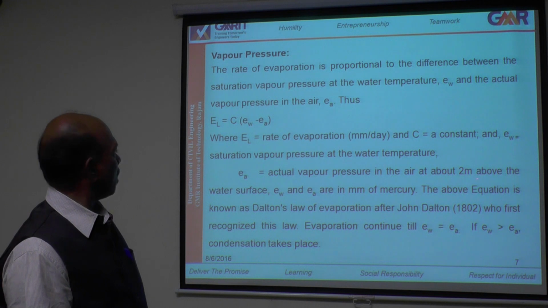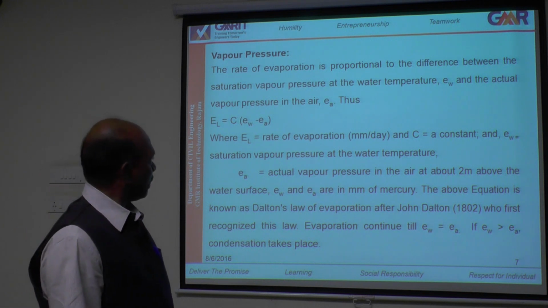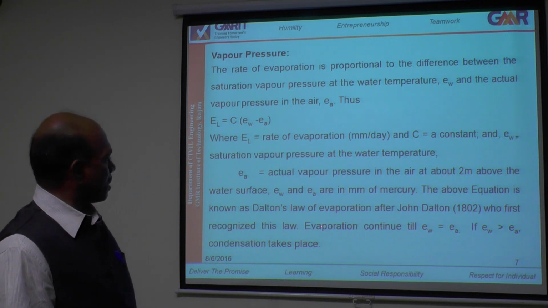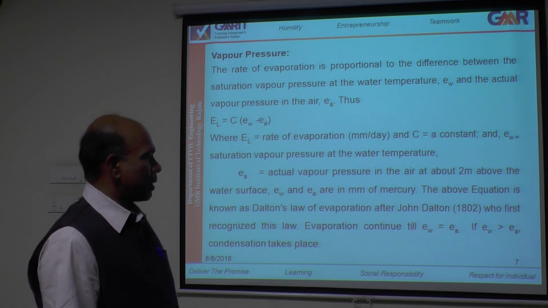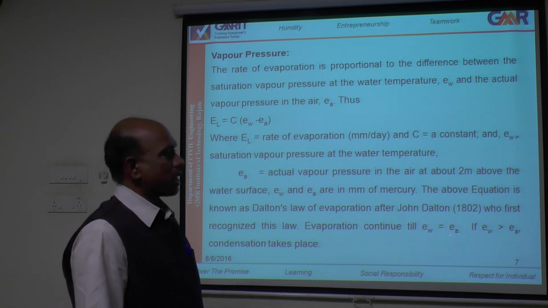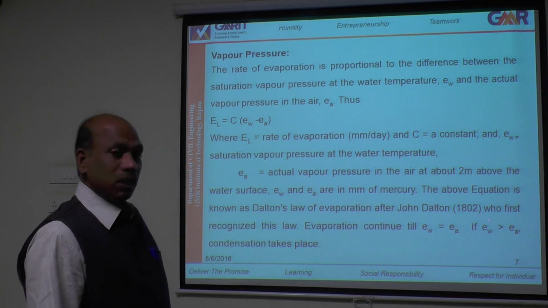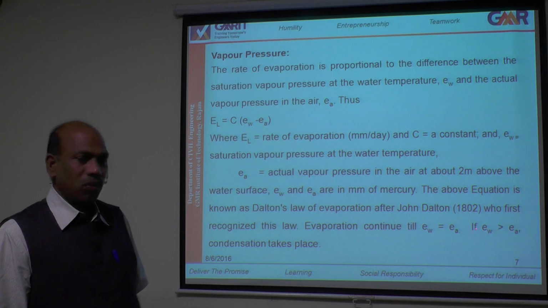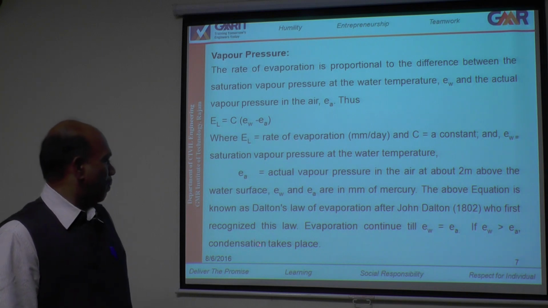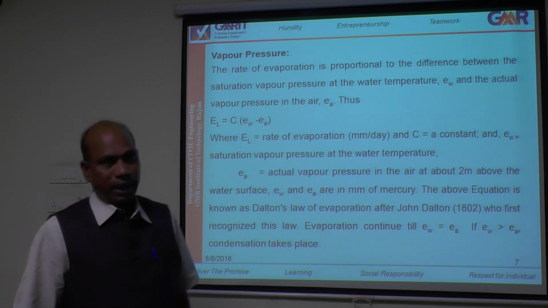The evaporation continues up to the point where EW, the saturated vapor pressure, is equal to the actual vapor pressure. If the saturated vapor pressure is less than the actual vapor pressure, there is no evaporation; condensation will take place.